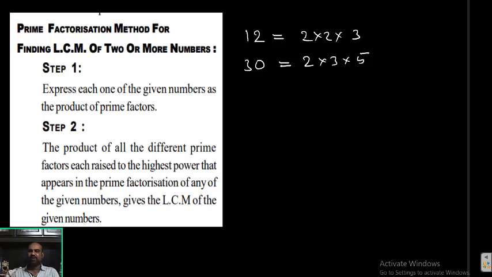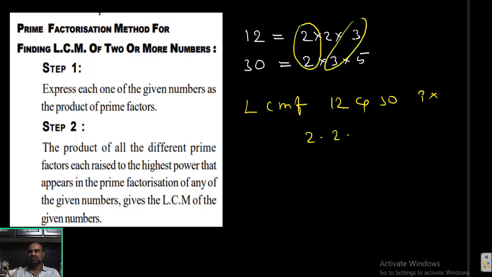You need to pair them. By the definition, the product of prime numbers gives LCM, but while pairing from those two, we choose only one. LCM of 12 and 30 is 2 into 2 into 3 into 5, that is 2 2s are 4, 4 5s are 20, 20 3s are 60.